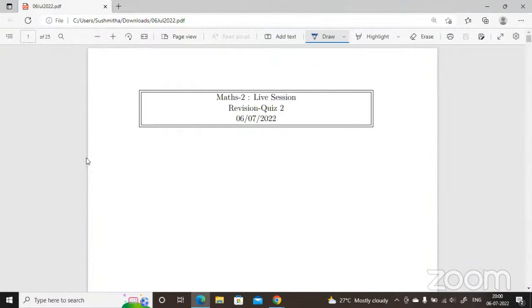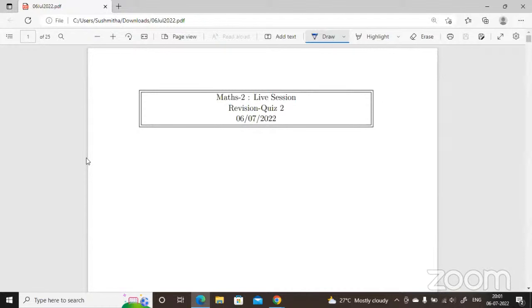So weeks 1 and 2 had vectors, matrices, systems of linear equations, and how to write a system of linear equations in matrix form. And based on the coefficient matrix, how to find the number of solutions the system has. There are only 3 possibilities: either it has no solution, or it has infinitely many solutions, or it has exactly one, a unique solution.